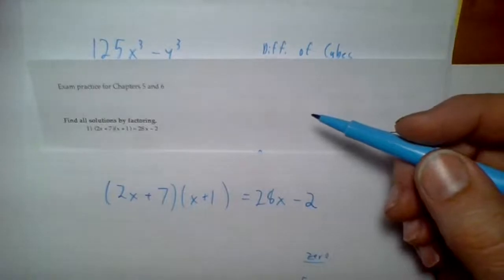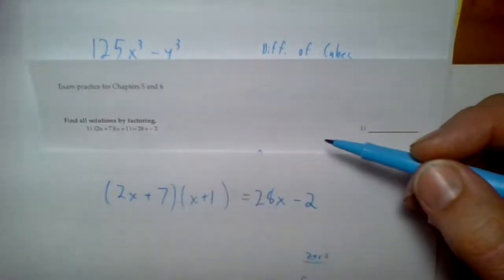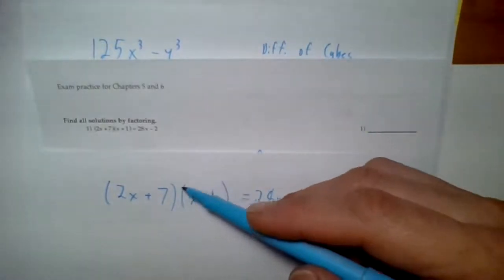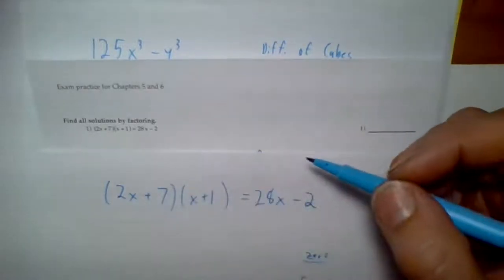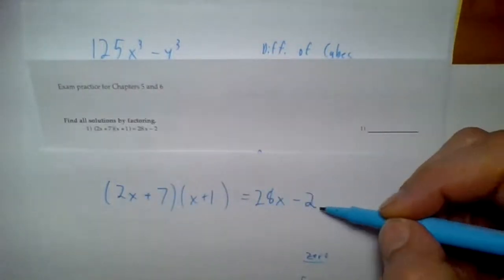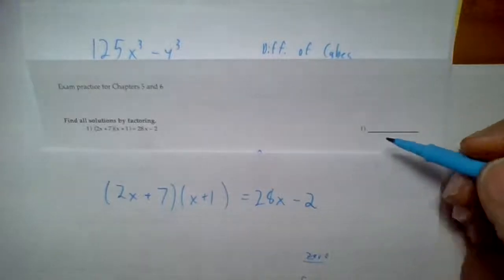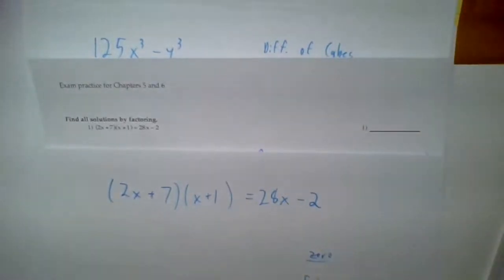Before I can subtract anything from it, I have to do out this multiplication. So we're going to go to expanded form on this side, get rid of these parentheses before I can start adding like terms. So the first thing is to unfactor here and multiply this out, and then see about getting a zero.